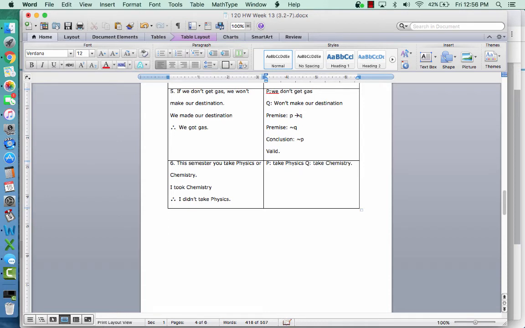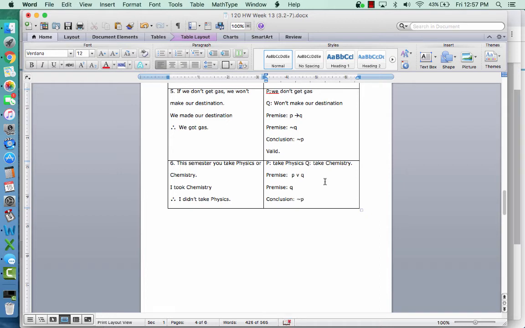So then my first premise is P or Q. That's our disjunctive symbol, the V. Then the second premise is I took chemistry, so that's just Q. And then the conclusion is I don't take physics, so this would be not P.